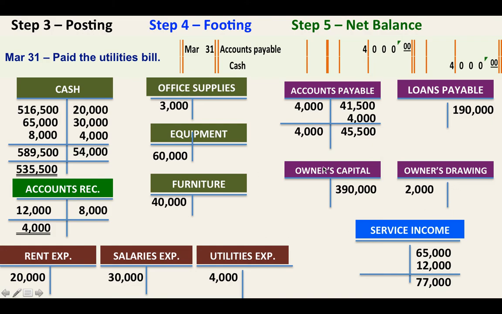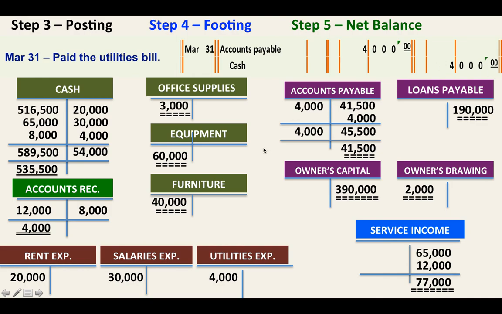In this case, because it's only one amount, we will just go ahead and double rule the amounts. Here for accounts payable, the amount is 41,500 credit, then loans payable, owner's capital, owner's drawing, and service income. So we got the net balance.